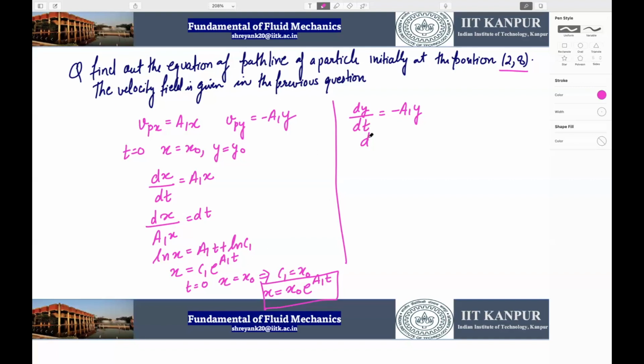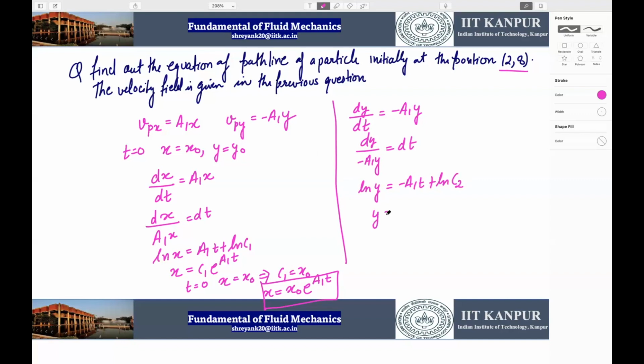Okay. So dy by minus a1y is equal to dt. So ln y is equal to minus a1t plus ln c2.